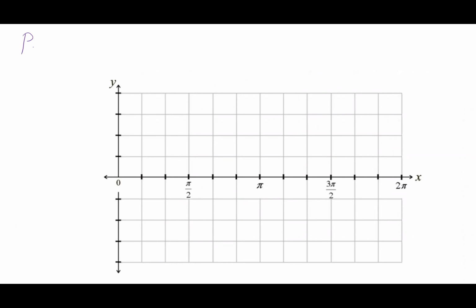Period: the graph starts repeating itself.